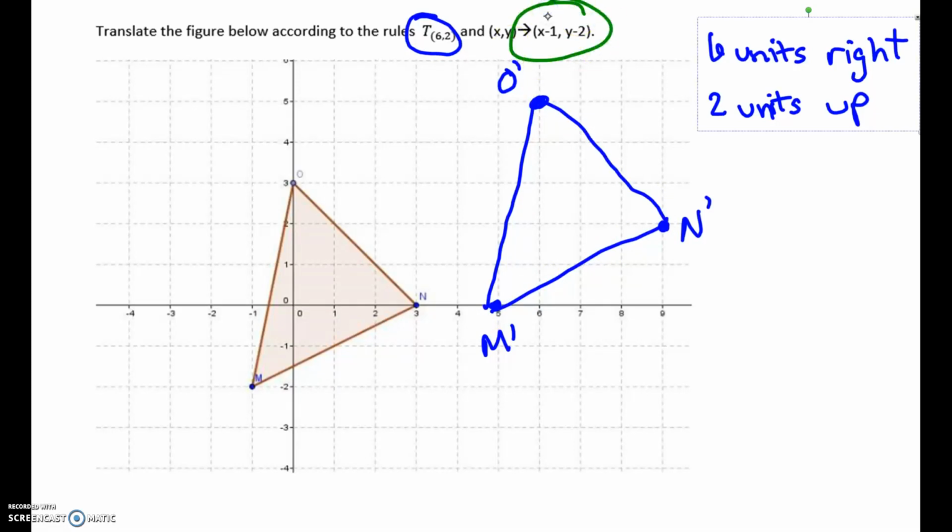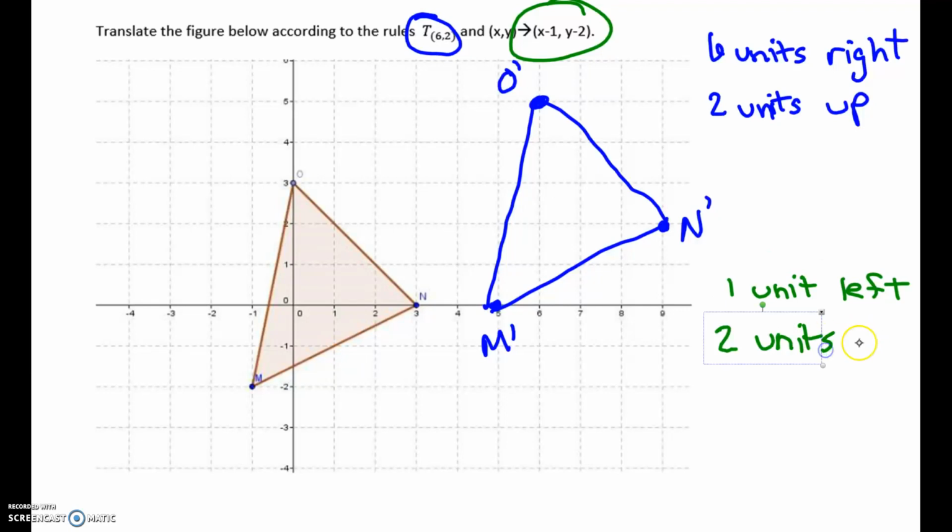This one right here says x minus 1. That means we're going 1 unit in the negative direction for x, which is left. And then y minus 2 means 2 units in the negative direction for y, which is down. And so let's do this. I'm going to start with O. I go 1 unit left, 2 units down.